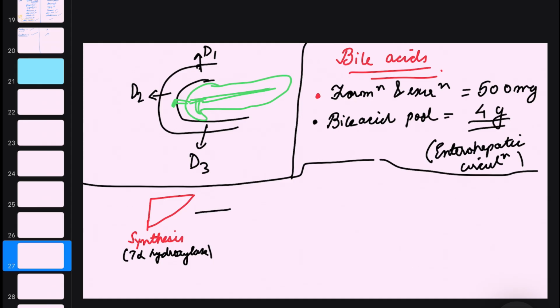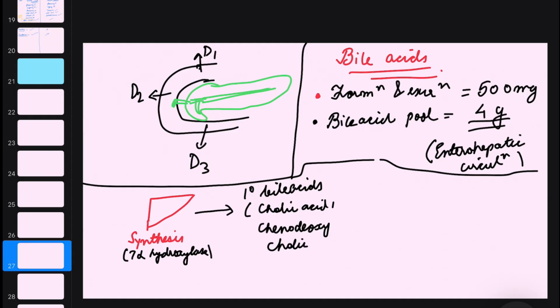So the first bile acids that are formed are called primary bile acids. And what are they? They are cholic acid and chenodeoxycholic acid. Now, these primary bile acids are actually not secreted as acids, but rather as salts.